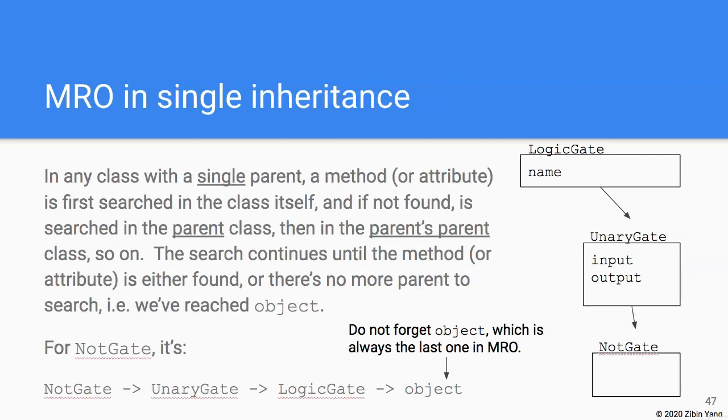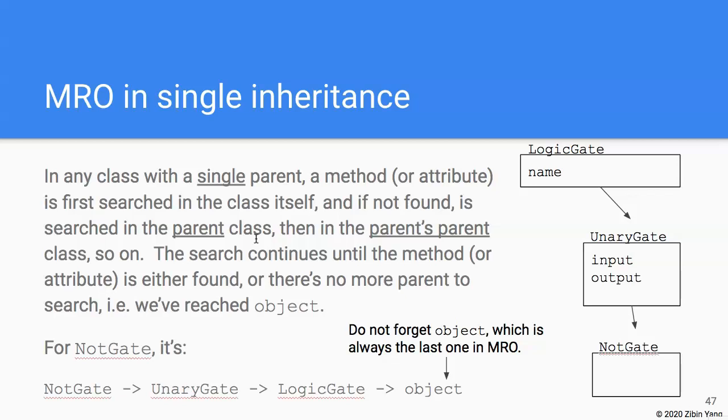Now, what about the MRO in the next simplest case? And that is, what is it in a class that has a single parent? So in the case of single inheritance. Now, in that case, as we first studied inheritance and also from experience, it would first search for the method in the class itself. And if it finds it, good. If it doesn't find it, then it will go to its parent to search for that method.